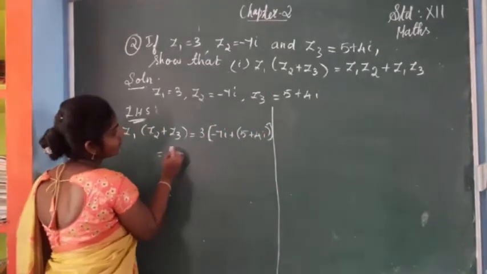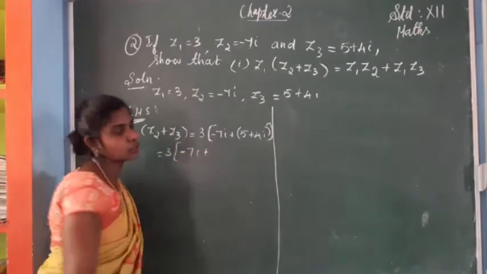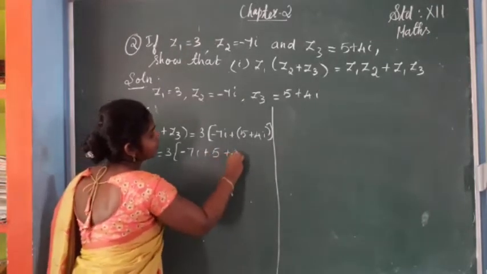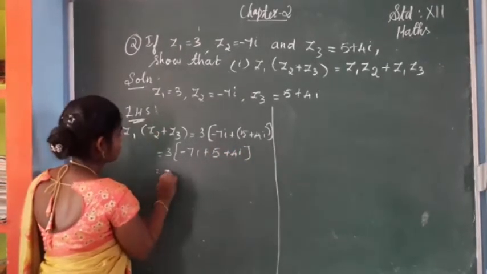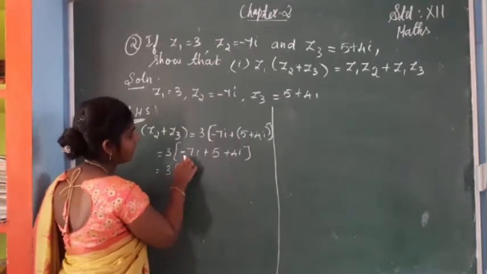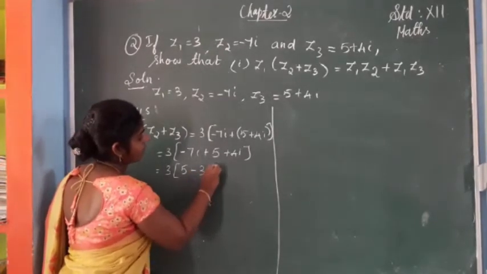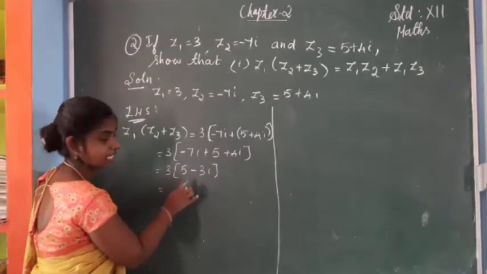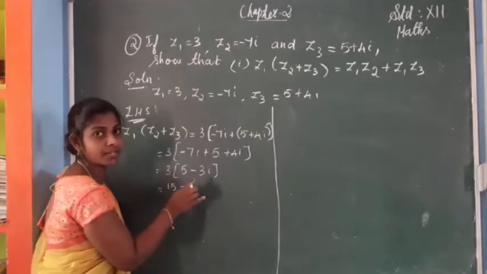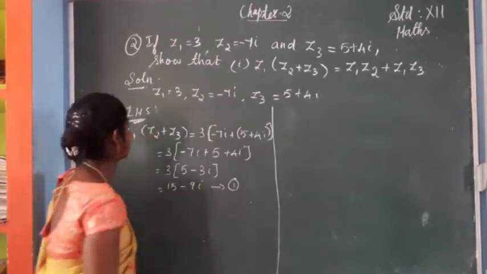That's equal to 3 into minus 7i plus, removing the bracket, 5 plus 4i, equal to 3 into, so 5 minus 7 plus 4, the value is minus 3i. That's equal to, multiply 3 into 5, 15 minus 3 into 3, the value is 9i. Take this as equation 1.